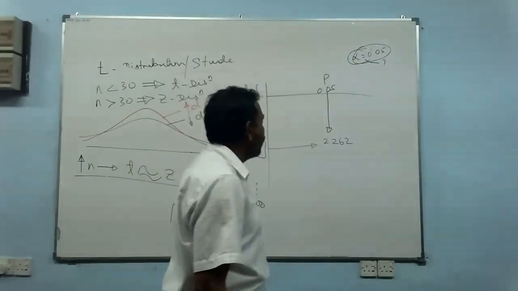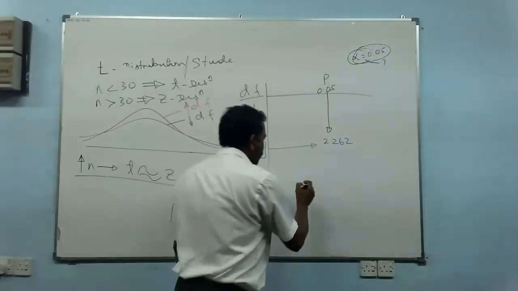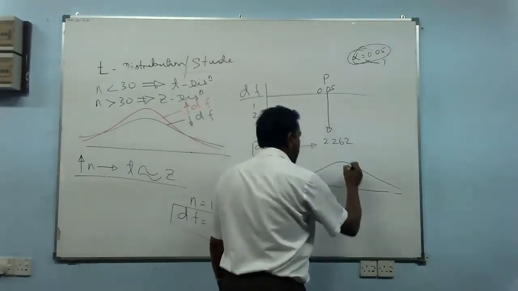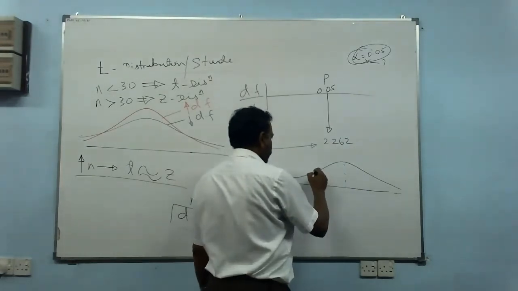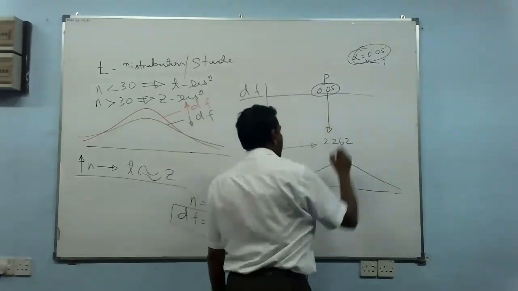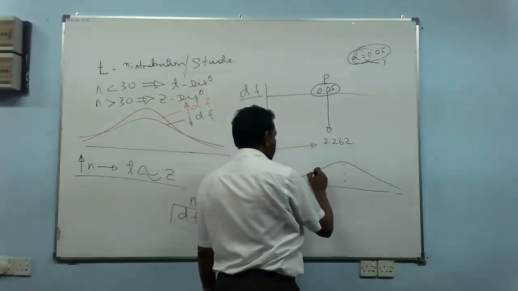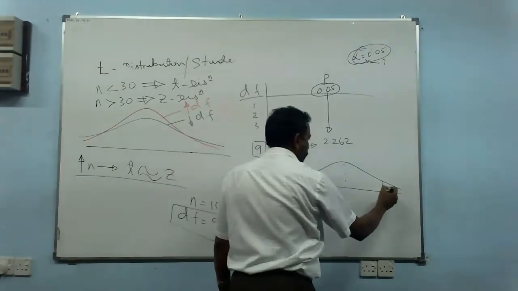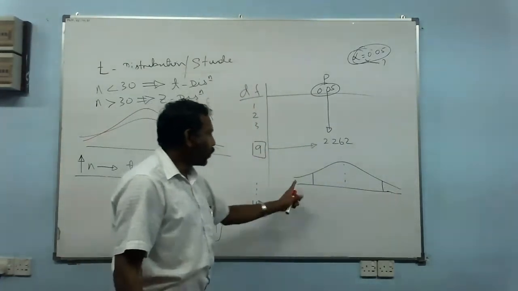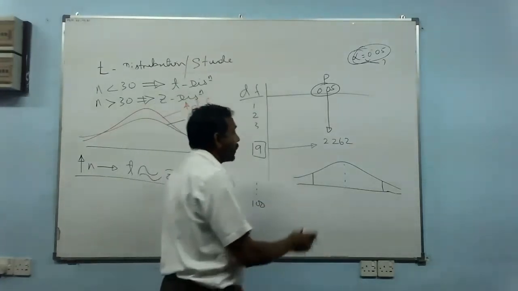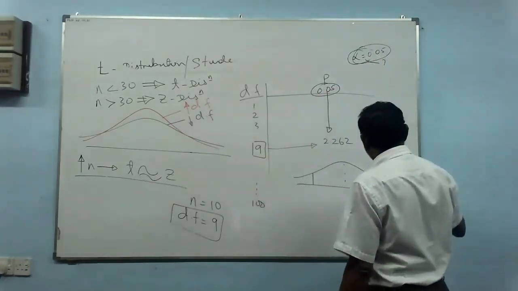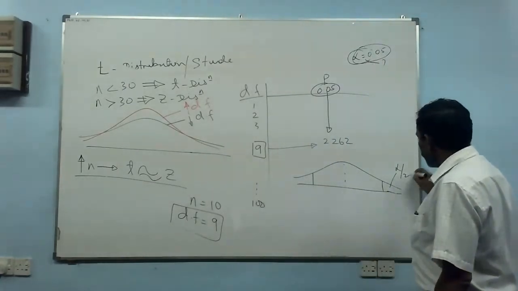Right. What is this value actually? Suppose this is the t distribution. Mean, as we said, is 0. If you say the alpha value is 0.05, I will come to that, by next week we will talk about this. This is called a two-tailed situation. In a two-tailed situation, if your alpha value is 0.05, here this is alpha by 2.